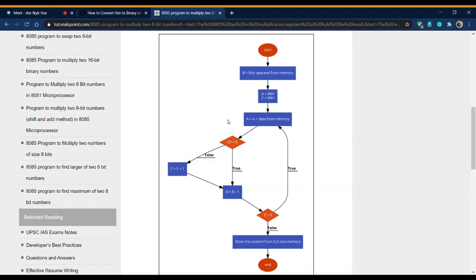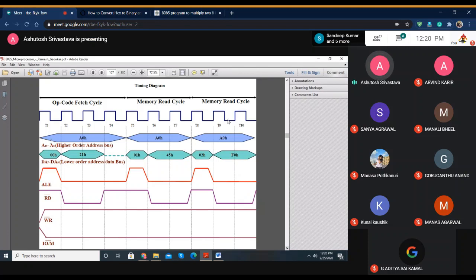From 0 to 4 is the fetching of your opcode, then the memory read cycle for the lower and higher order. Then we talk about how the latch enabler works: after every fourth cycle it will be in the active state. And similarly for your read and write statements.